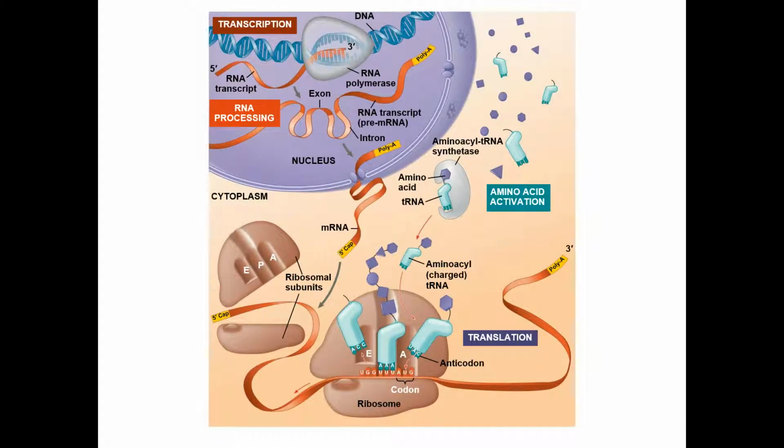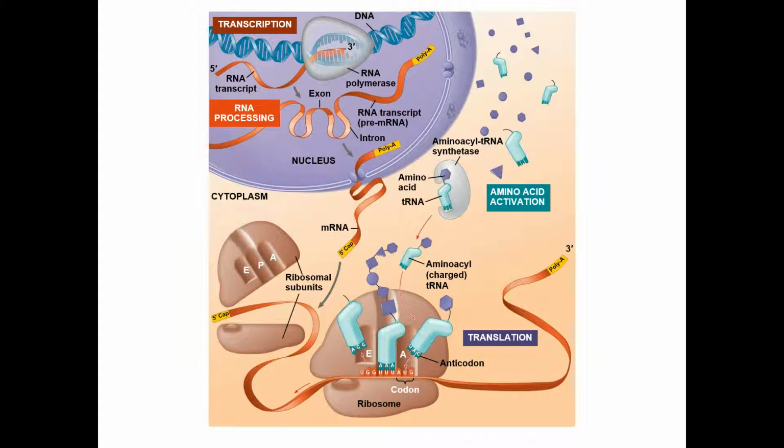Alright, so here we have the process of transcription of your respective gene into an RNA transcript. That RNA transcript is a primary immature RNA transcript. It has introns. Those introns have to be cleaved out. Your exons have to be glued together. You have to have the attachment of your 5' cap and your poly A tail.